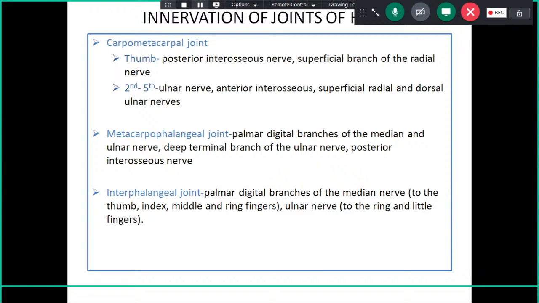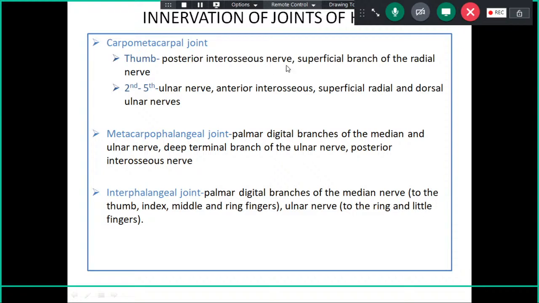The thumb carpometacarpal joint is supplied by the posterior interosseous nerve. It's a branch of what? I think everybody is tired now reading about so many joints and movements. Radial nerve. Yeah, radial nerve.